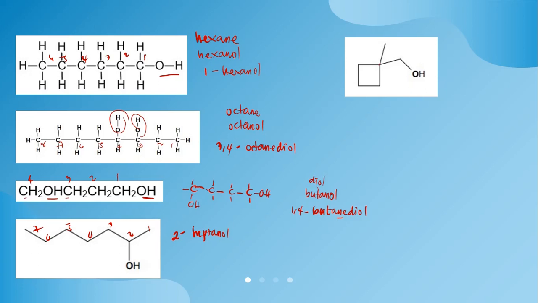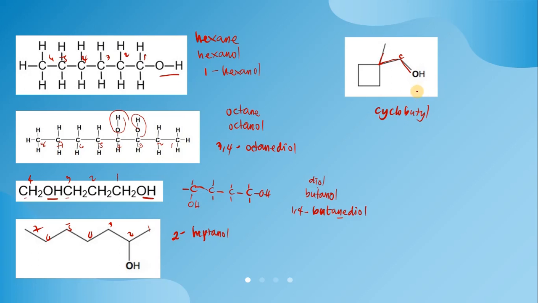How should we name this first? Let's find the longest chain that holds our OH. So it's this carbon and this. This carbon has a substituent, which is this one and this one. This is a cyclobutyl.